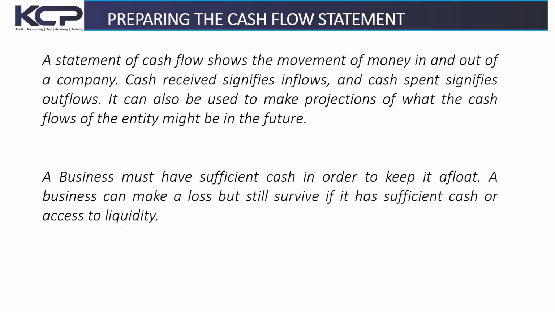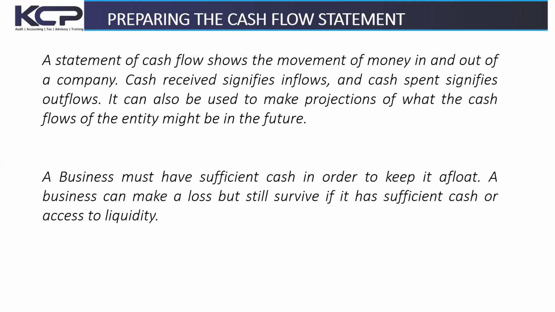Indirect. Are you sure? Oh, direct. What the standard recommends is actually the direct method. Why is it that auditors in practice and very many accountants use the indirect method? So you need to double check on this.